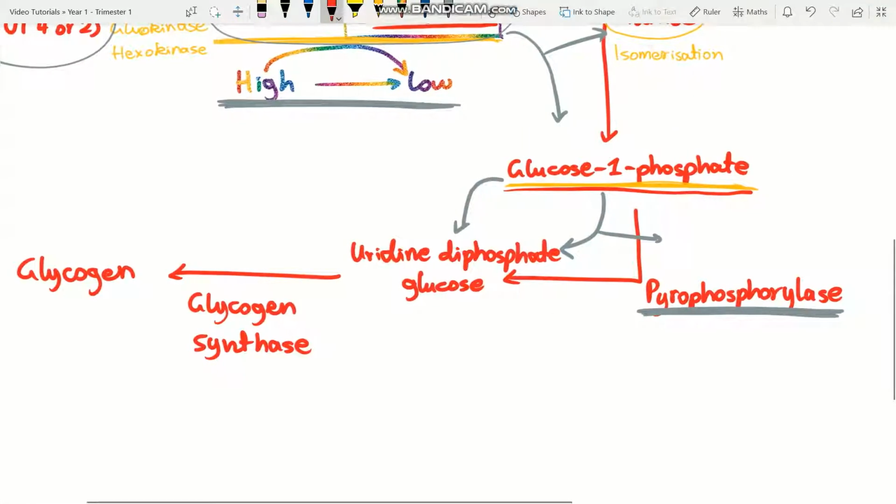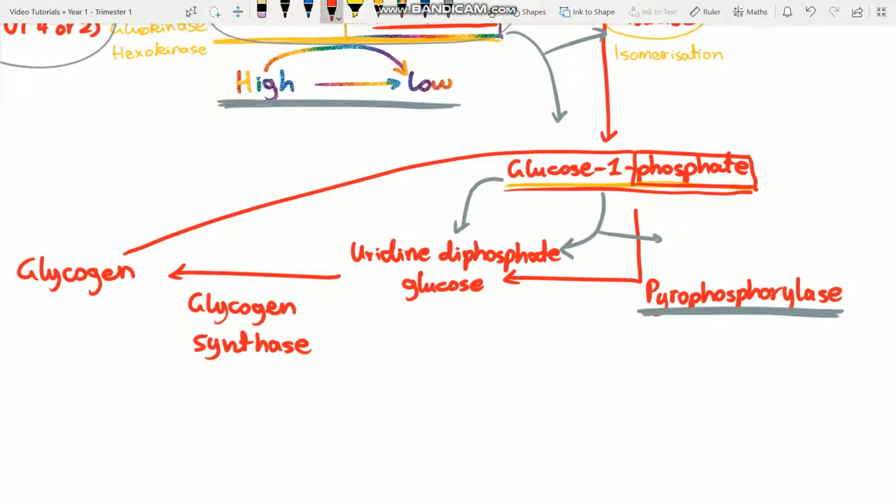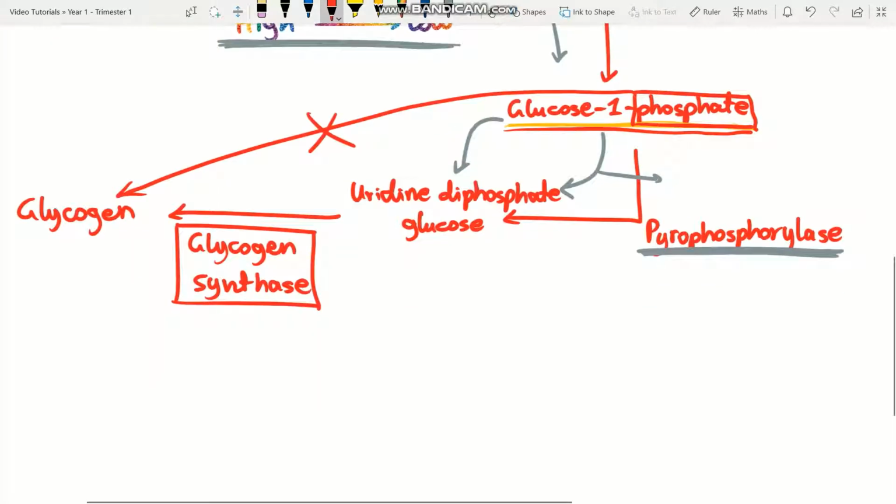Now, as we saw before, this glucose molecule had a phosphate group on it. So if you picked up that glycogen does not have any phosphate groups, you'd be correct, because essentially glycogen is just many glucose molecules joined together. So how is this phosphate group lost? Essentially what happens is that this glycogen synthase molecule, in order to be activated, must be phosphorylated itself.